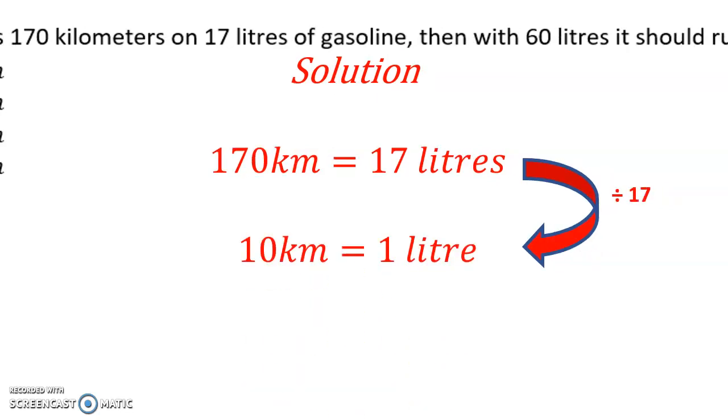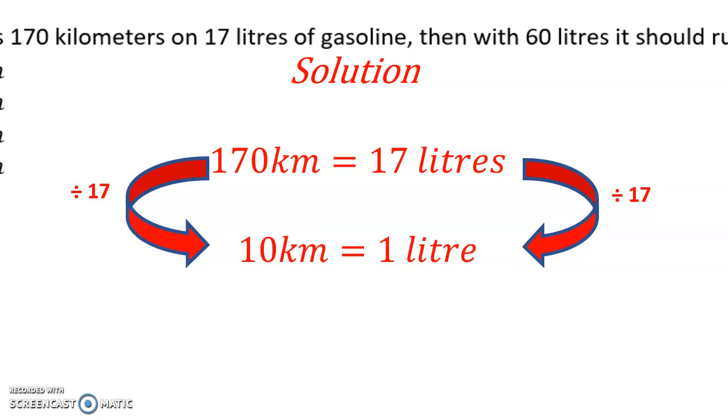And that gives us 1 liter. If we divide the right-hand side by 17 to get 1 liter, we do the same thing with the left-hand side, the kilometer side, and divide it by 17 as well, and that gives us 10 kilometers. That means 1 liter of gasoline would take us 10 kilometers.